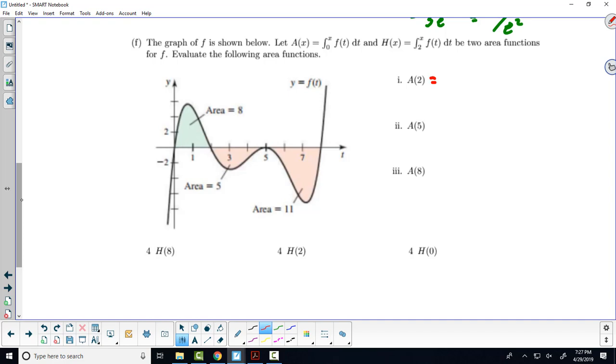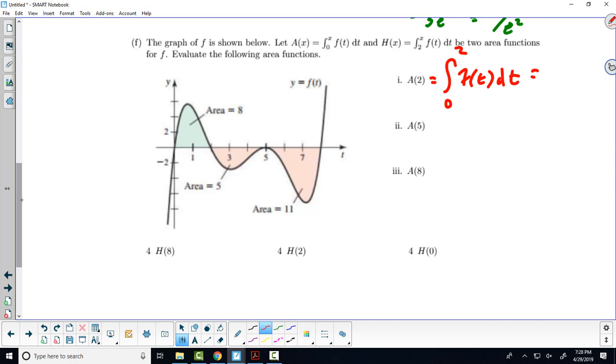If you get stuck on something, don't try to answer it all the way through. Just do the most basic step you can. What does it mean to evaluate a function at 2? Plug in 2 everywhere you see an x. So let's do that. That's the integral from 0 to 2 of f of t dt.